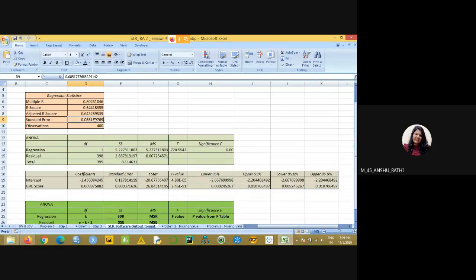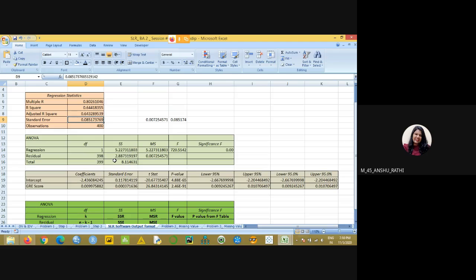Can you see my screen? Yes. Then how to calculate that? The formula is the square root of SSE divided by n minus k minus 1, whole under root.